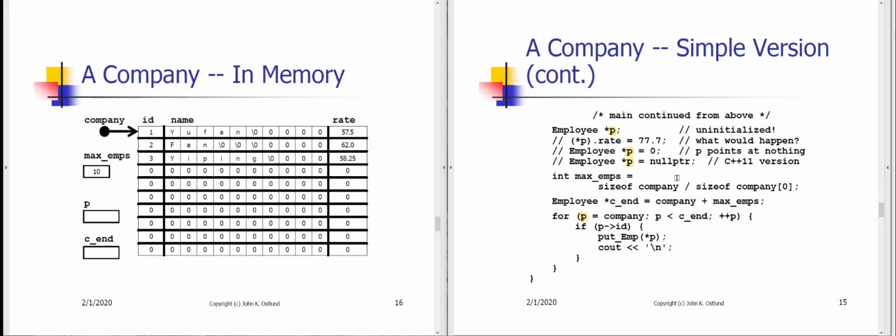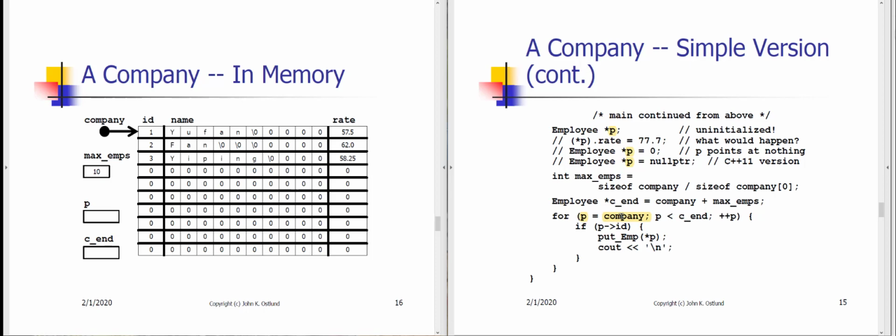My guess is in real code that you're going to see a lot more zeros representing null pointers than this string null pointer that was introduced with C++11. So what we're going to use P for, our pointer to employee, is to point at the successive employee elements within the company array. We can initialize or set the initial value of P to company.